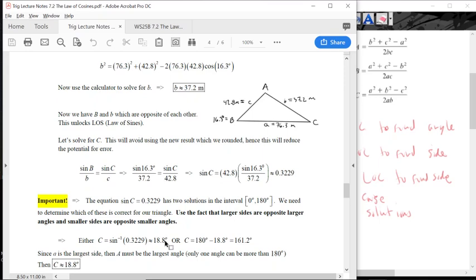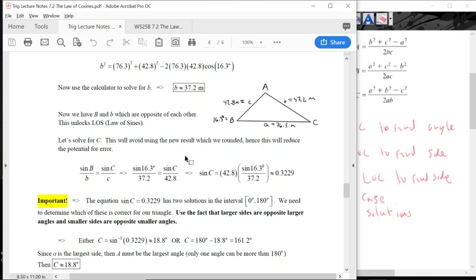Okay, so I really want to be clear about this. We do not always choose the answer that the calculator gives us. We have to consider, when we use those inverse trig functions, that there are other quadrants where we could have found solutions to our equation. And we really do need to consider whether in the particular example we're working on at the moment, which one of these solutions is really going to be the correct solution for this given triangle.